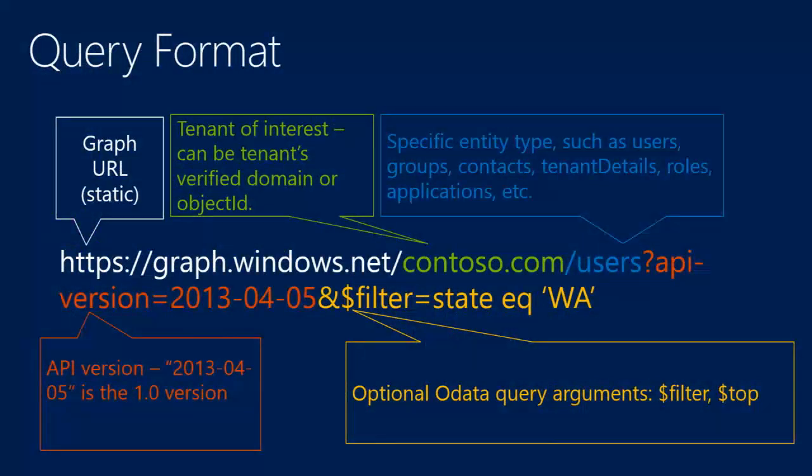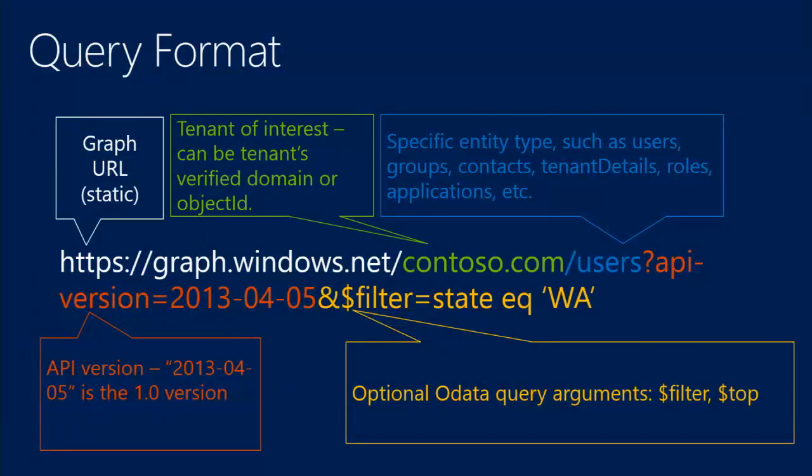Okay, kind of the nuts and bolts of the query format. So I wanted to talk through this. The graph URL base part, the graph in white, graph.windows.net, is going to stay the same always. No matter if you're in Europe, US, or Asia, that's the one you're going to call. In green is the tenant. Remember I said it's scoping by tenant.